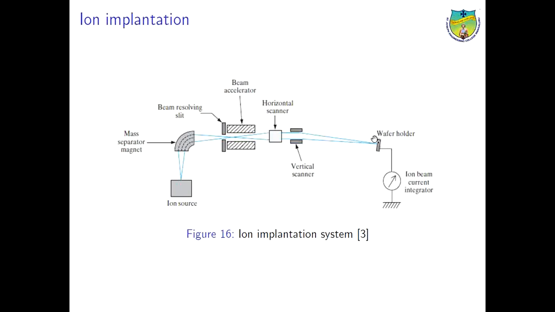The repetitive scanning in a raster pattern provides exceptionally uniform doping on the wafer surface. An automatic wafer handling facility is used to speed up the process. So all this is done automatically, so no manual work is there over here.